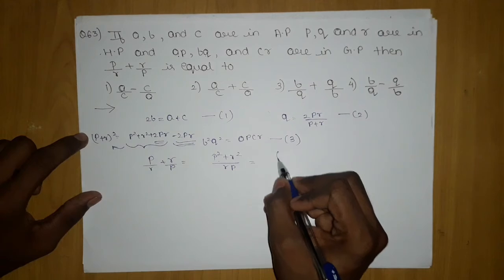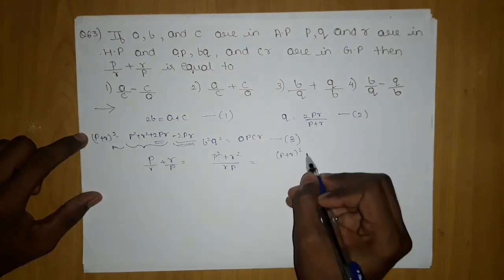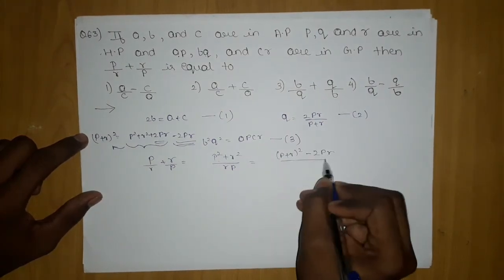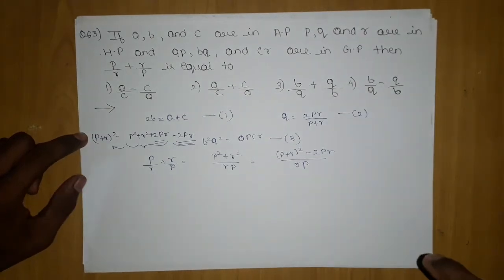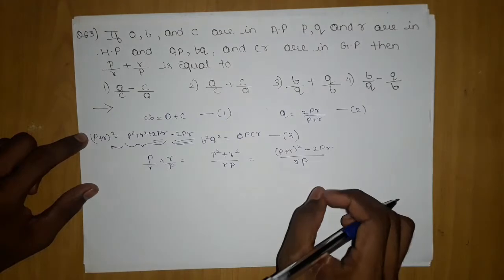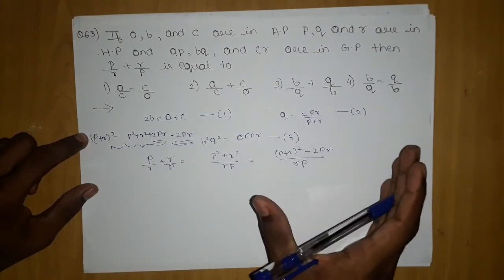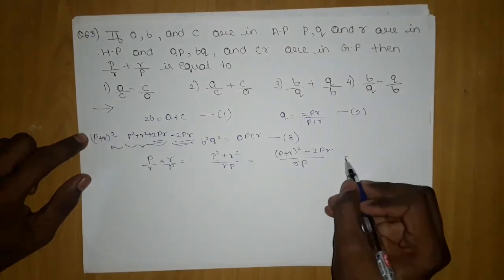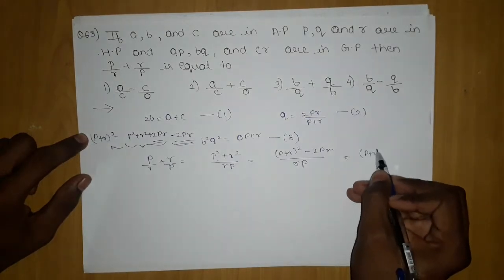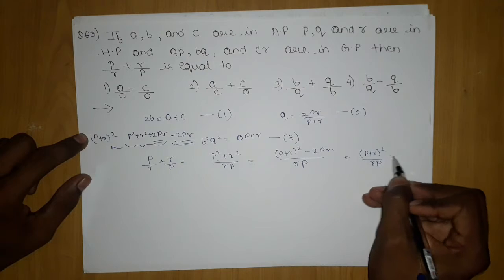So p plus r whole square minus 2pr upon RP. Do we have to put the RP value? No, because it would break up; this and this cancel out and reduce your work. So we are left with p plus r whole square upon RP minus 2.